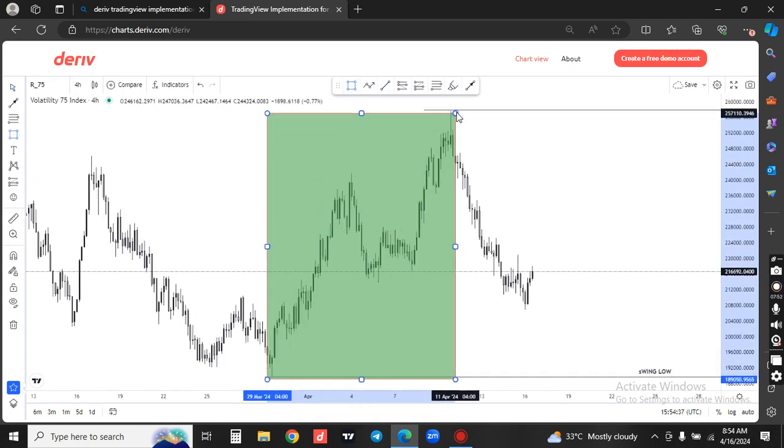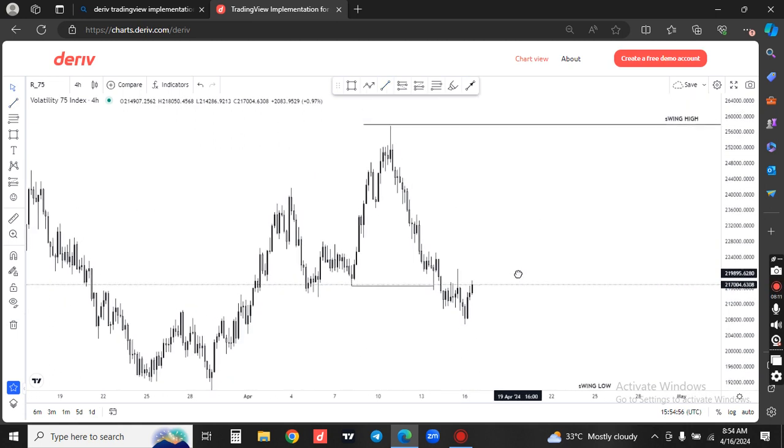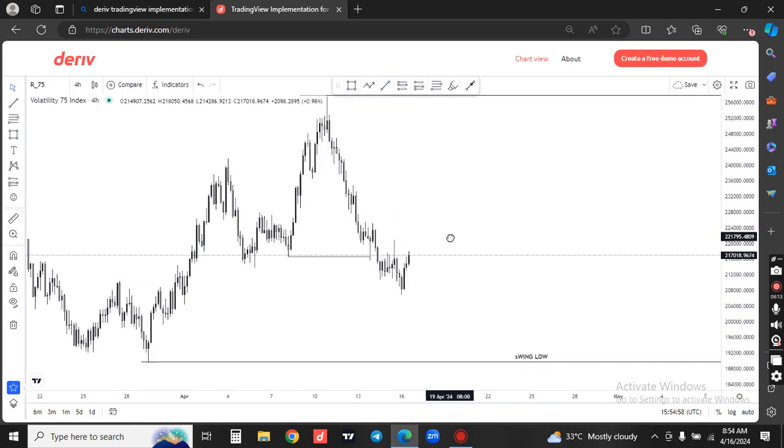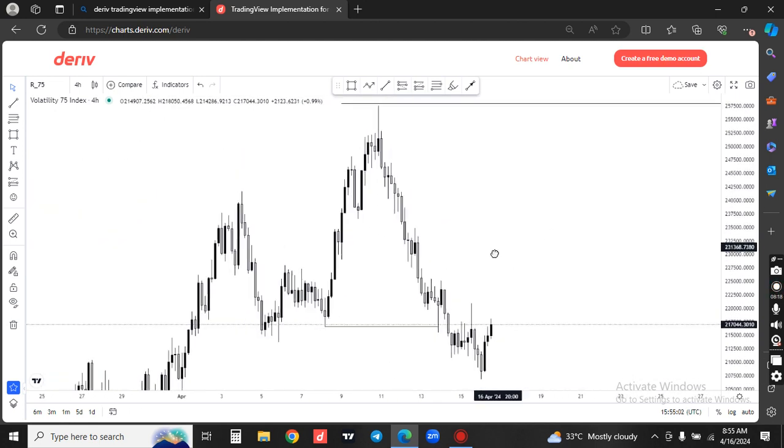So at this point, we noticed that the market was bullish, right? But coming to this last low that formed here, we observed that the structure shifted from bullish to bearish.